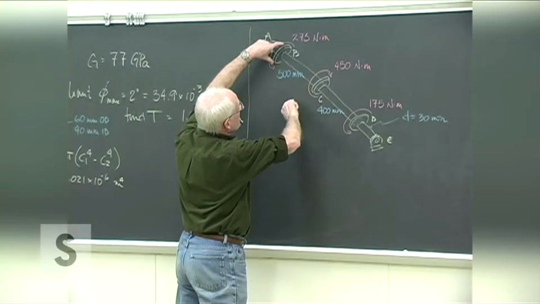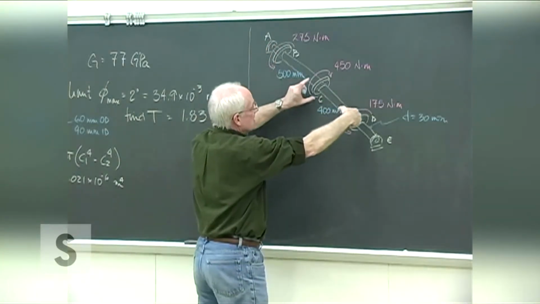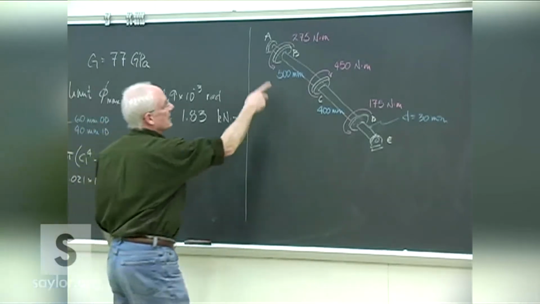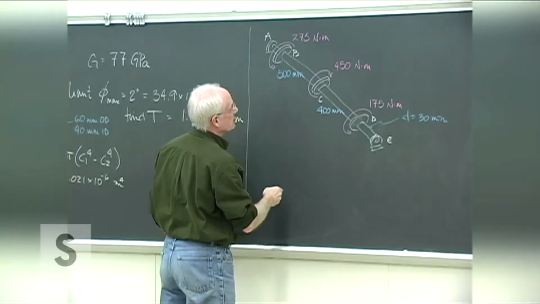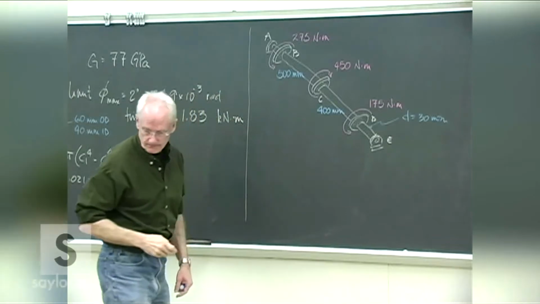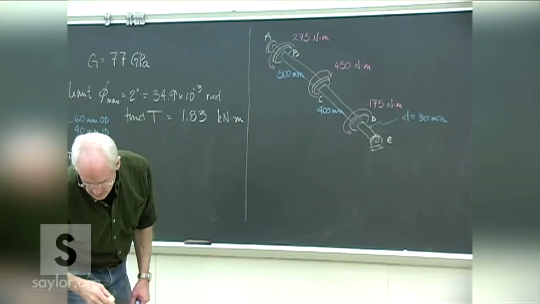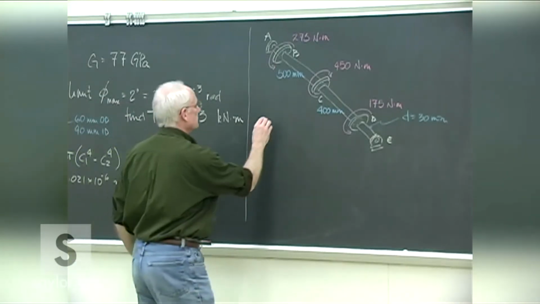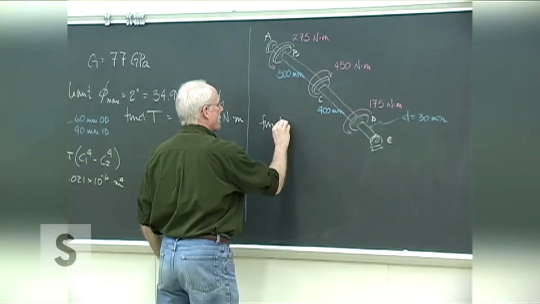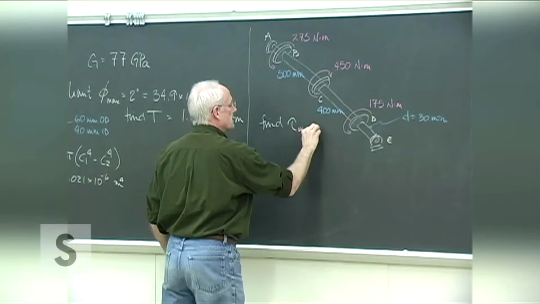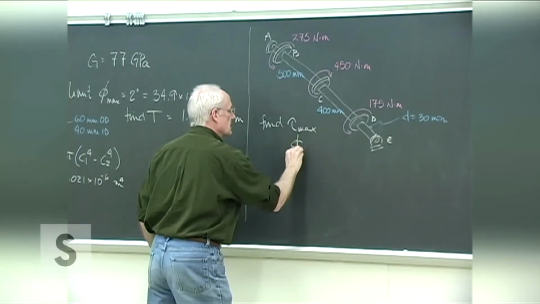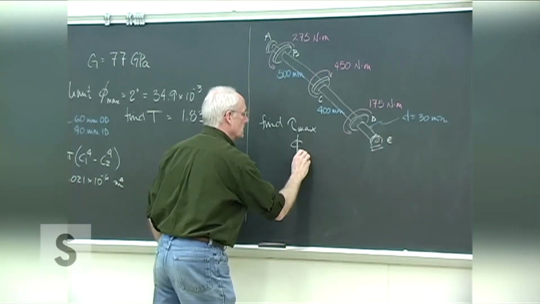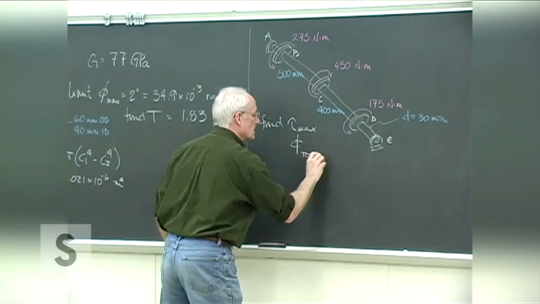Because B to C is going to twist one way, C to D is going to twist the other. So one or the other of those could be the maximum deflection, but the two together, since they'll be in opposite directions, would give a different angular deflection. So let's find the maximum shear stress and the total angular deflection.